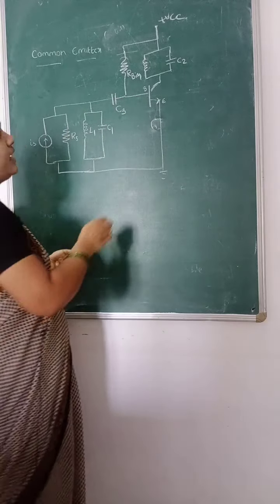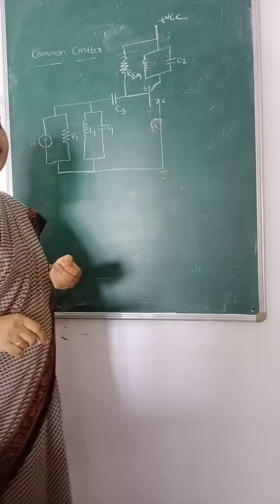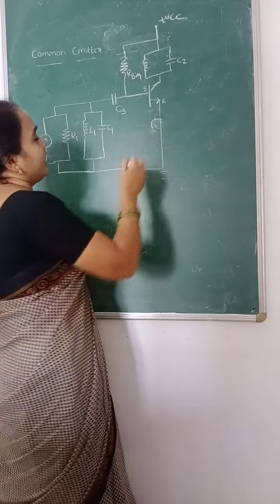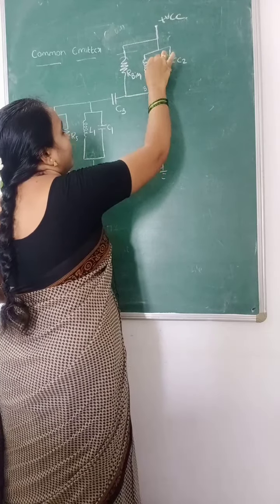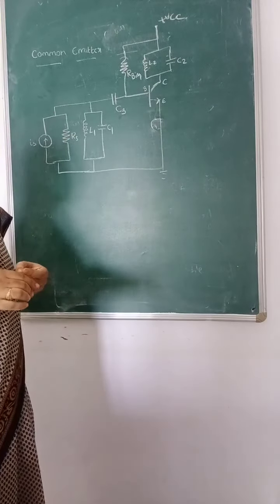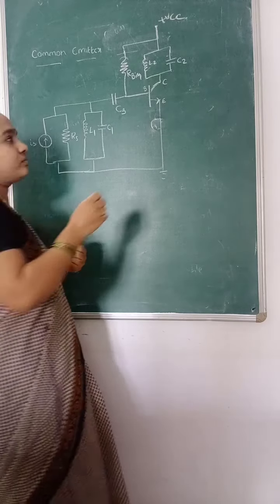The base of the transistor is connected to the power supply through the bias resistance R bias, and in the collector region we will have a parallel tank circuit, which is the combination of inductance and capacitance C2.